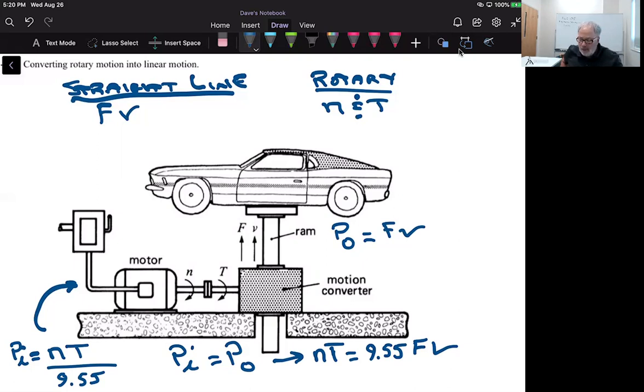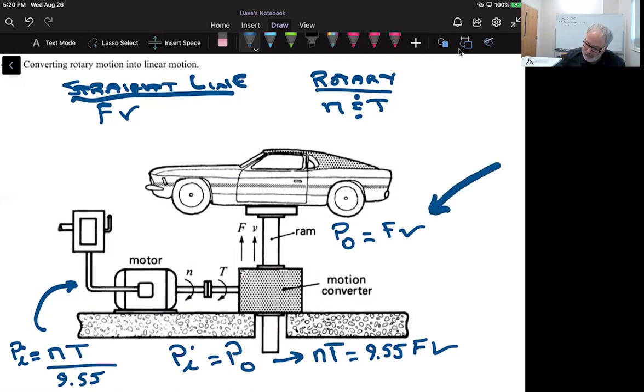So what we're going to do is equate our power of a motor formula to a linear application. Straight line motion, he says, involves a speed V and a force F. That is given to us here.